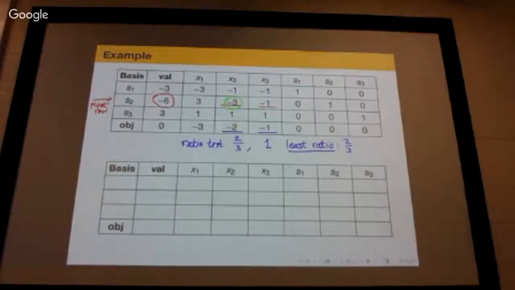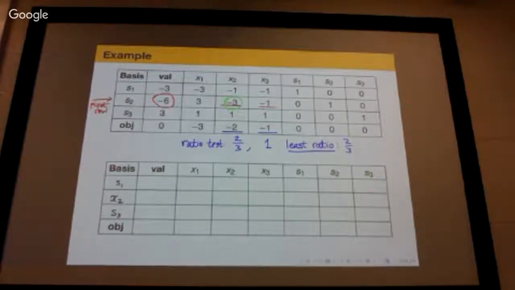How do we do the pivot step? Well, we do the pivot step exactly the same way as the usual pivot step. So S2 in the basis would be replaced by X2, and S1 and S3 stay in the basis. And as a reminder, the second row is divided by the pivot element.